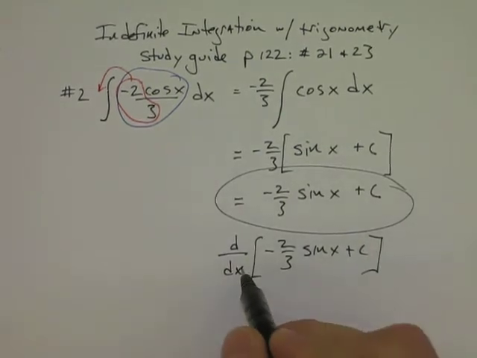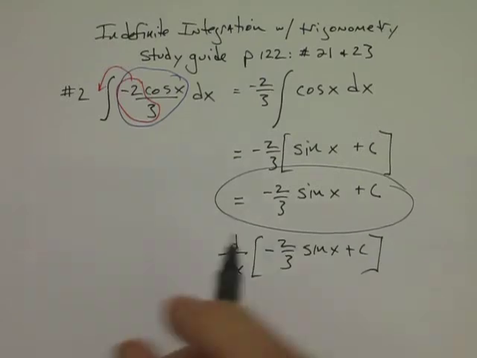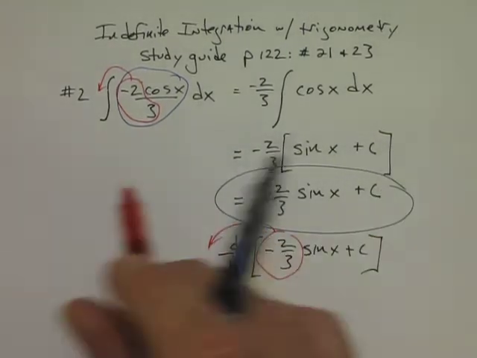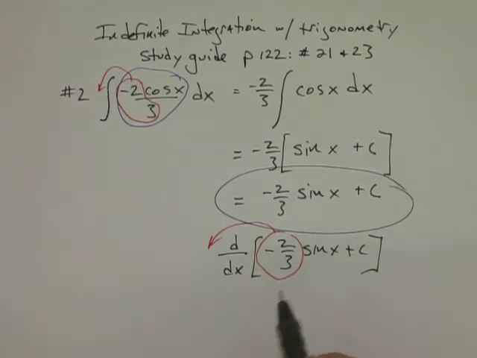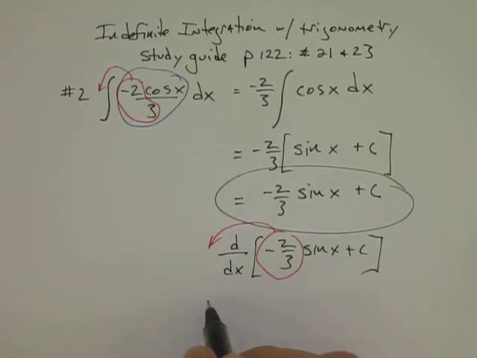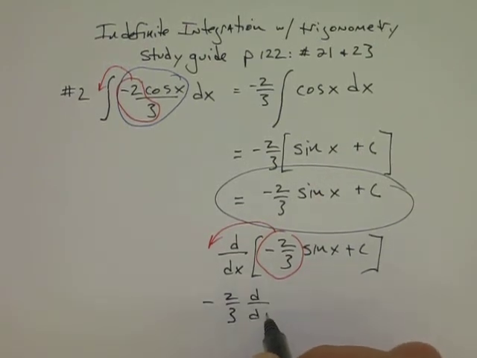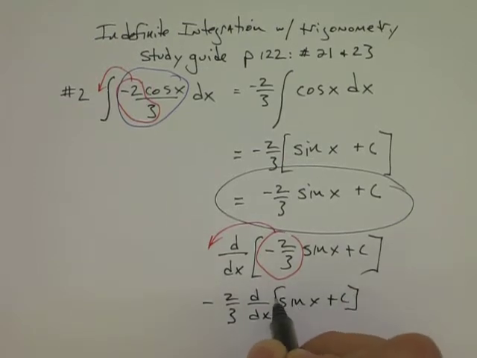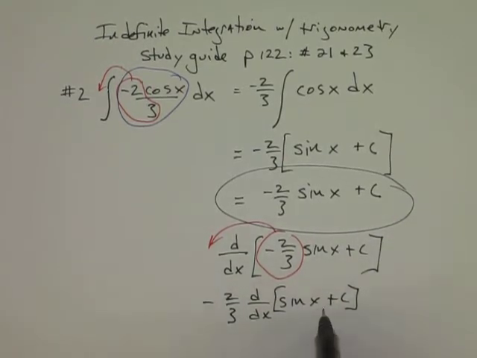So let's just do that. Again, with derivatives, the same as with integrals, we can take this constant multiple and pull it out. So we would have here -2 over 3 times the derivative of sine x plus c, and the derivative of sine x plus c, of course, is cosine x, and the derivative of a constant is 0.